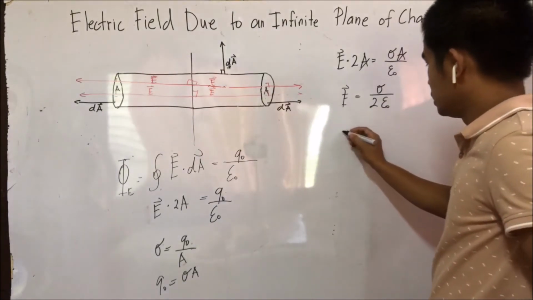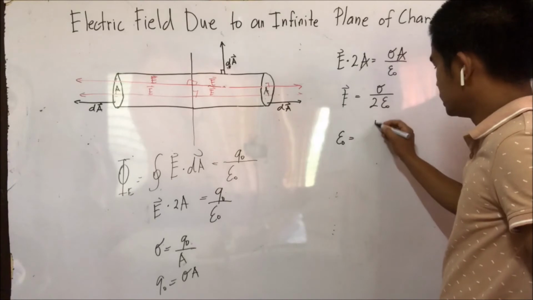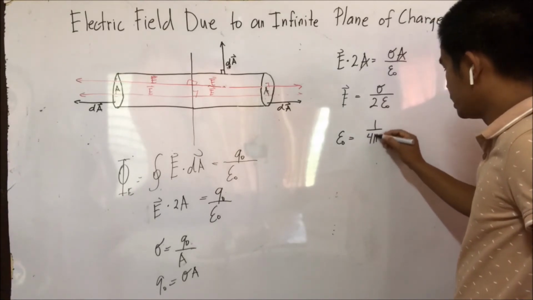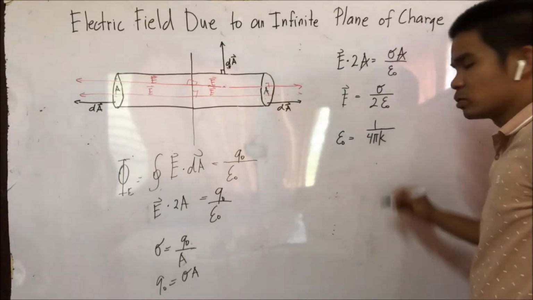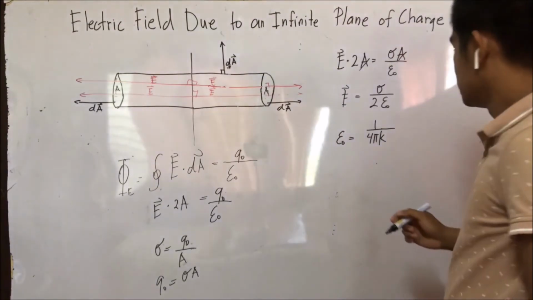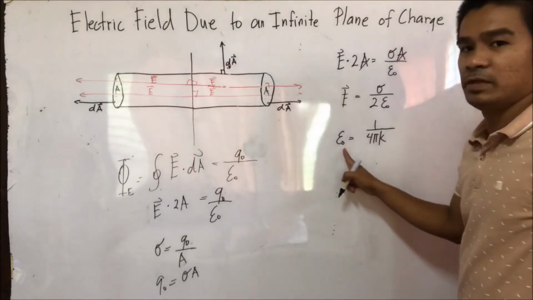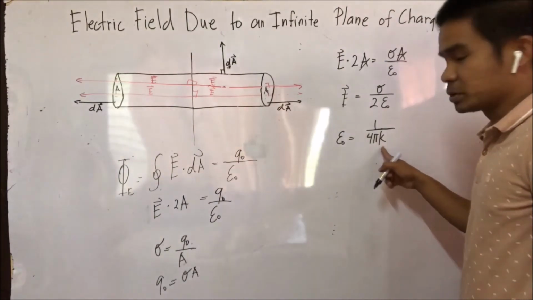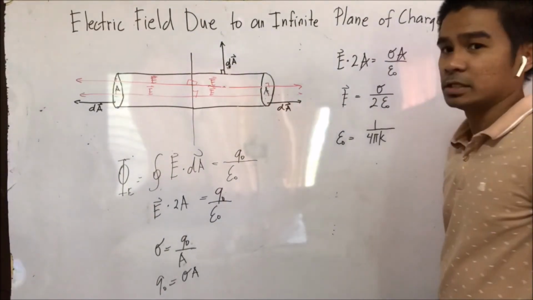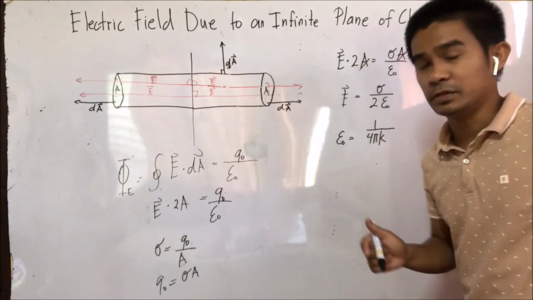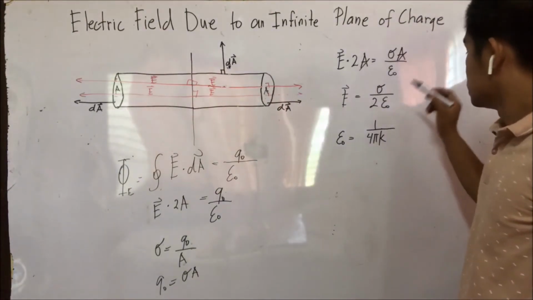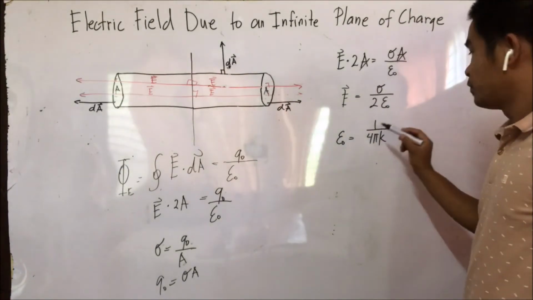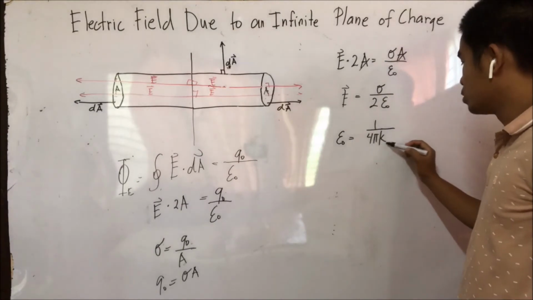And we know that the permittivity of free space is 1 over 4 pi times Coulomb's constant. I will replace the permittivity of free space, because usually Coulomb's constant is used to find the electric field, not the permittivity of free space. So I will replace the permittivity of free space by 1 over 4 pi Coulomb's constant.